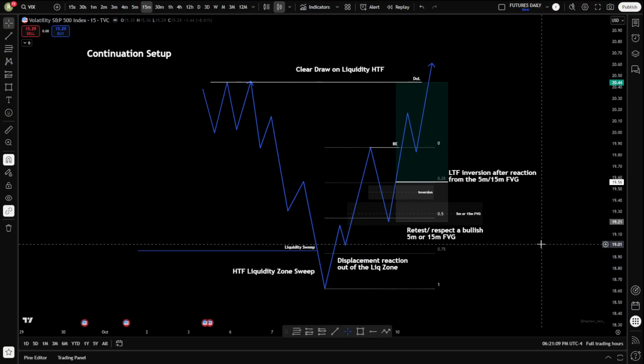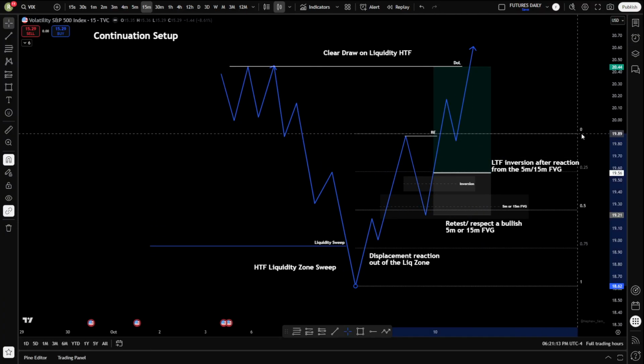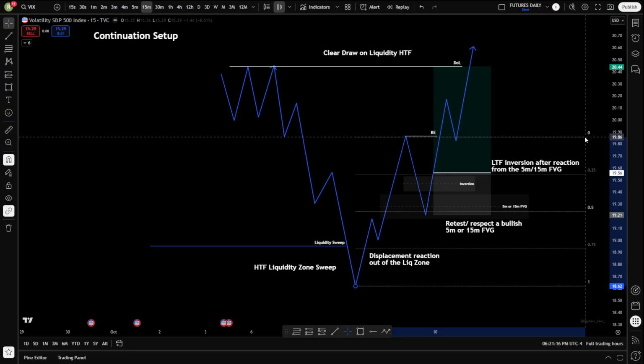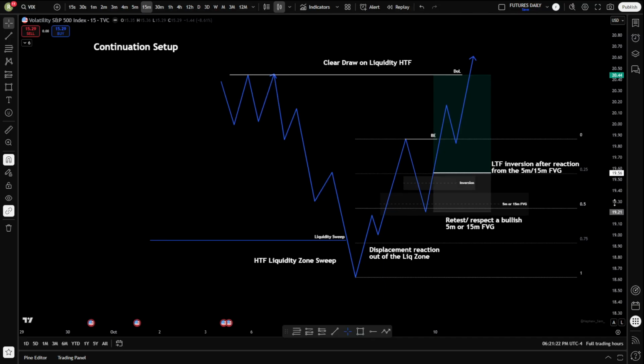So another thing that I want to point out is, if you notice here, I have these Fibonacci levels, which is just 0 to 1, and then equilibrium, and then 0.25, 0.75.